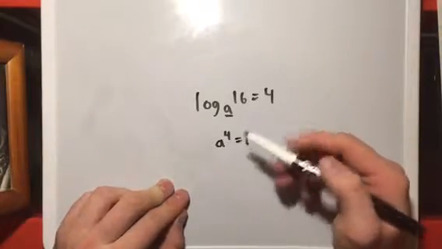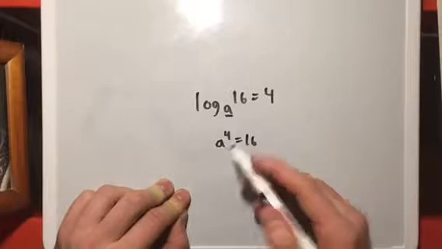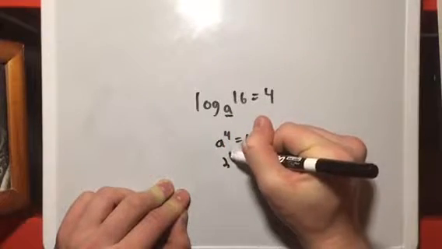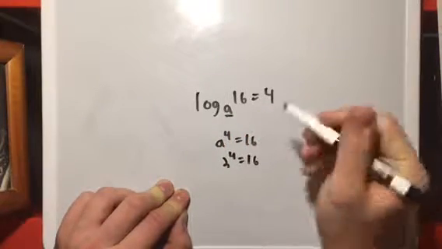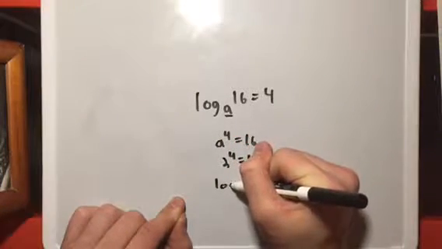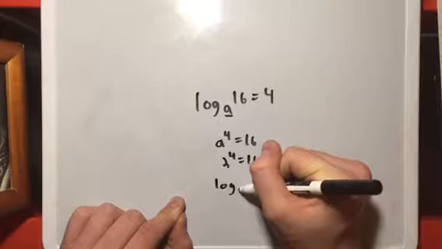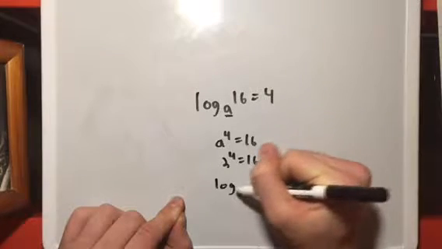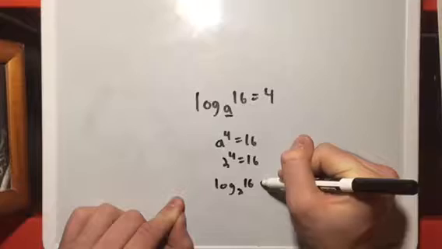Since these are fairly small numbers, we know that 2 to the power of 4 equals 16. So we would rewrite this as log base 2 of 16 equals 4.